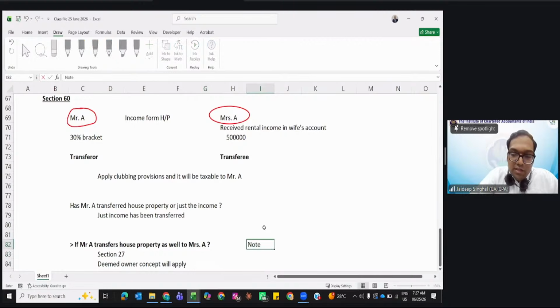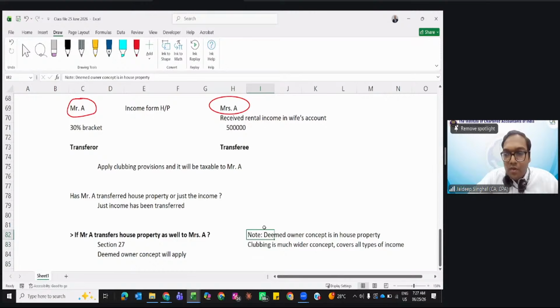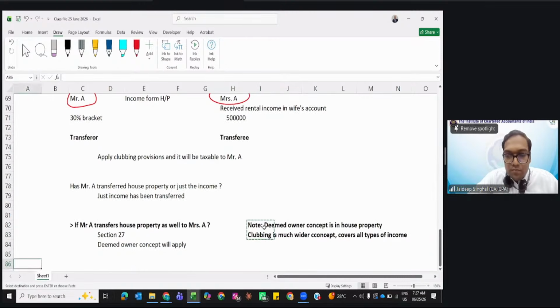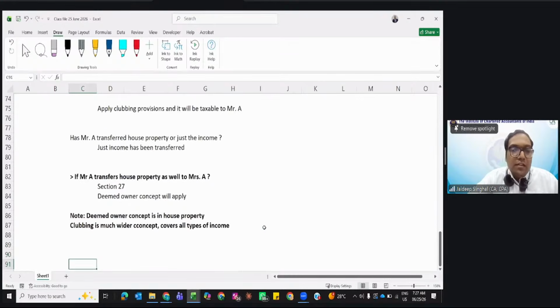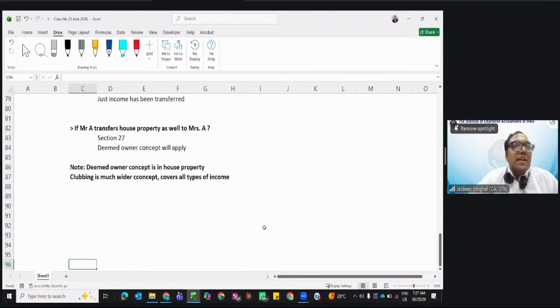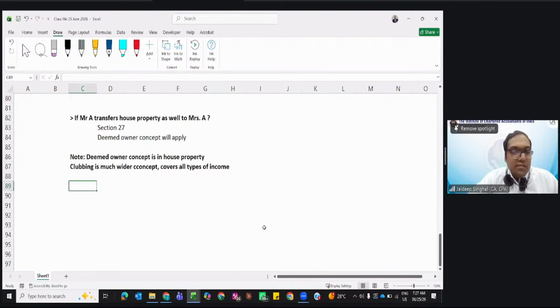You can write a note here: deemed owner concept is in house property. Clubbing is a much wider concept, covers all types of income. Minor married daughter also, we will come to all those cases. I just gave a hint here. Okay, let's move to the next.